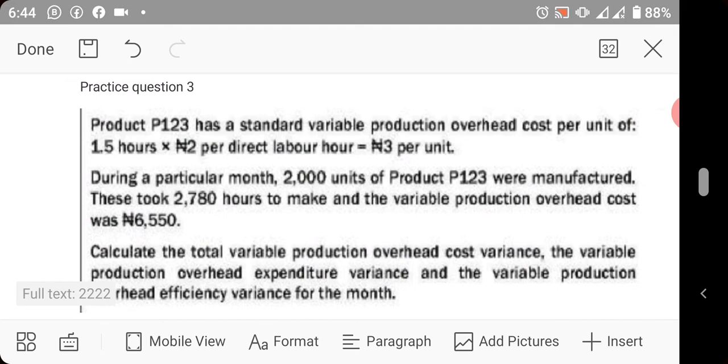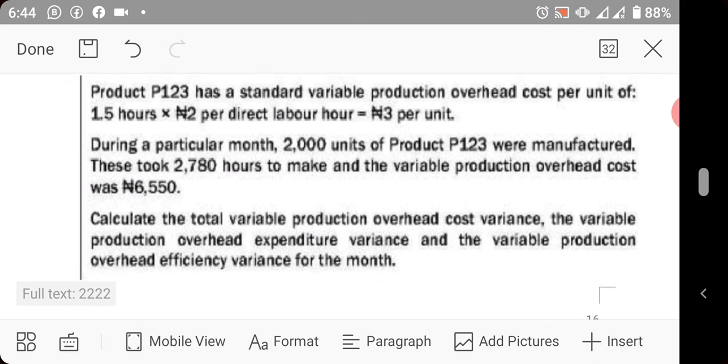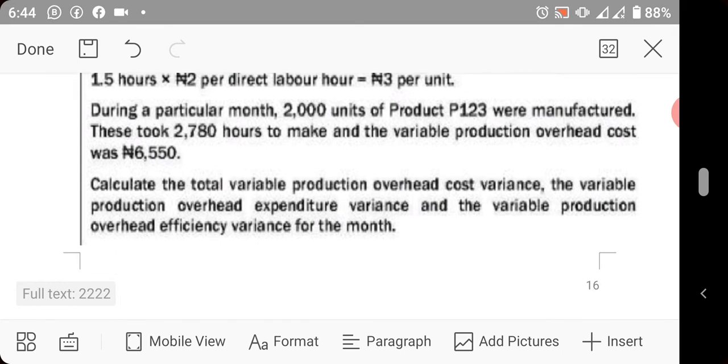Workers must work for 1.5 hours and will be paid 2 naira for each hour they work, so this gives us 3 naira per unit. During a particular month, 2,000 units were produced and they worked for 2,780 hours, and we incurred a variable production overhead cost of 6,550.